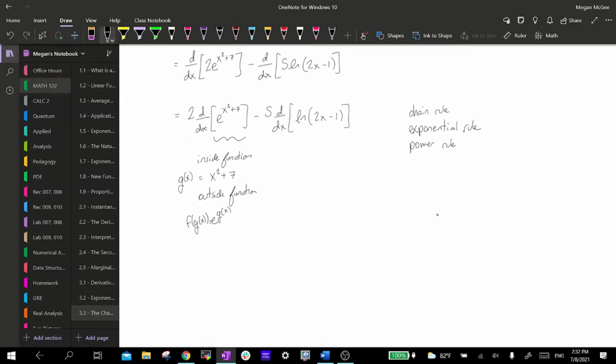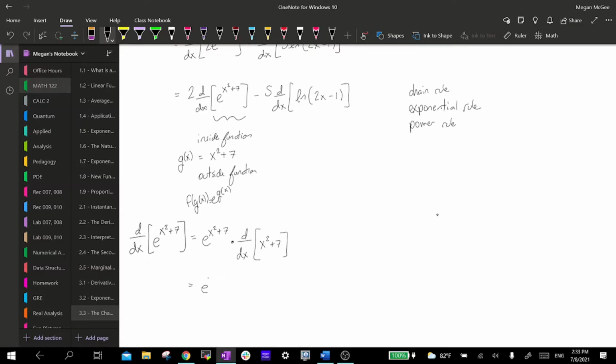So we need our derivative of e to the x squared plus 7. I'm going to go ahead and move this over more. There we go. So we need our derivative of the outside function. A derivative of e to something is just e to something, and g of x is our x squared plus 7. Then we need to multiply that times the derivative of the inside function, which we determined was x squared plus 7.